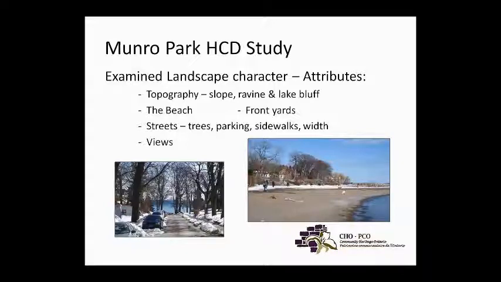So it dealt with that broader aspect, but it also looked at front yards, the street, the width of the street, and as you can see, street trees are an important feature of this particular street, and there is a canopy that covers the street, an important defining feature of this Heritage Conservation District.